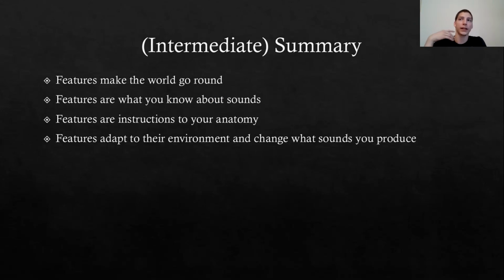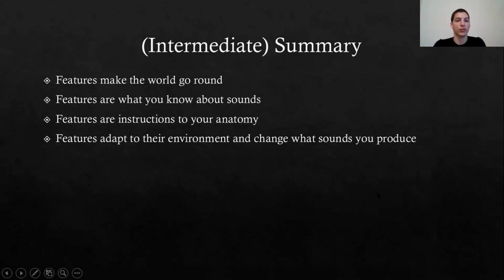So if you decide I'm going to say T, your brain sends instructions to your anatomy that you need to make a voiceless alveolar stop and then a high front unrounded vowel. And that informs your body how to behave to make the sounds that you want to produce. And so features are how you send those instructions to your body to produce a sound.